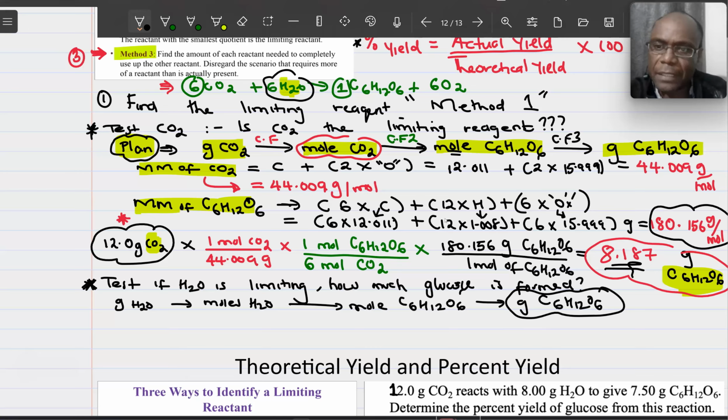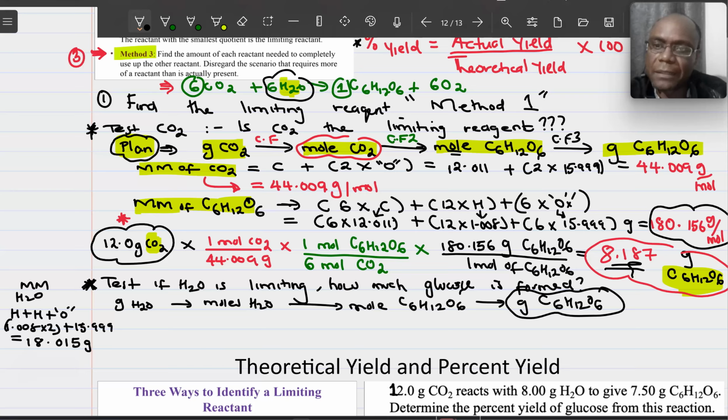So now remember that we need the molar mass. The molar mass of water is just going to be H plus H plus O. The mass of hydrogen is 1.008 multiplied by 2. And then add the molar mass of oxygen, which is 15.999. If I add all those up, I get 18.015 grams.